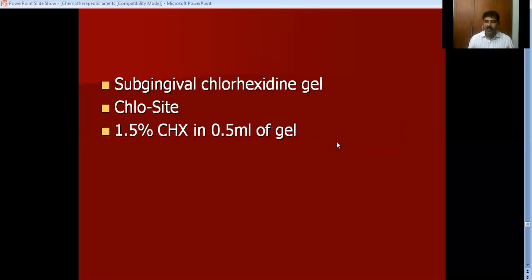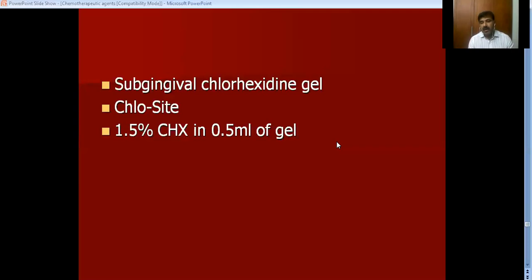So we have actually come to the end of the different types of anti-infective agents that can be given to control periodontal disease. You can give antibiotics as a systemic agent. You can give antibiotics as monotherapy, serially, or as a combination.